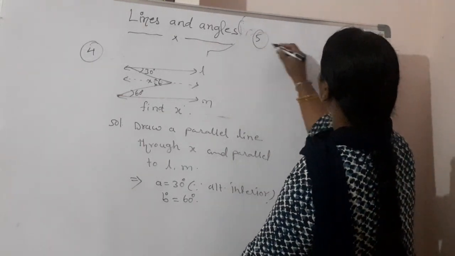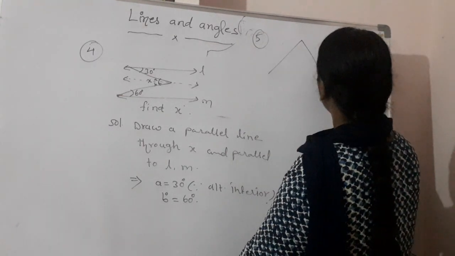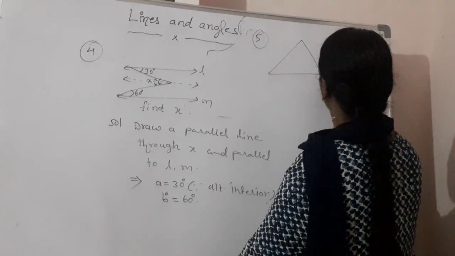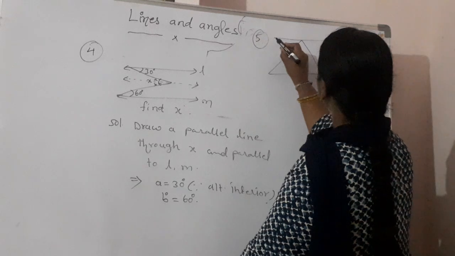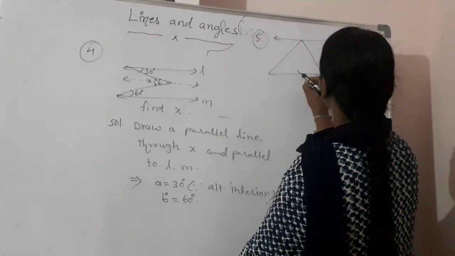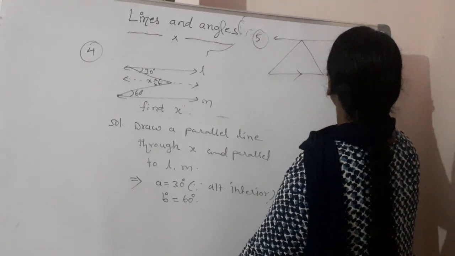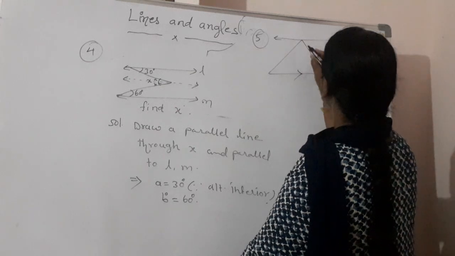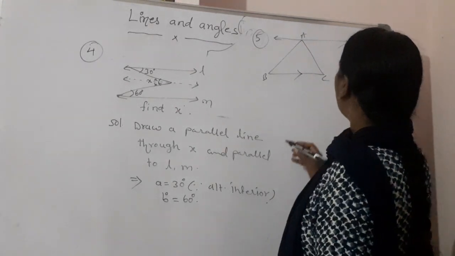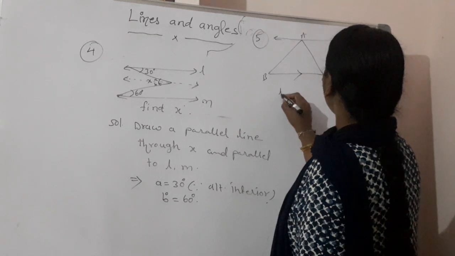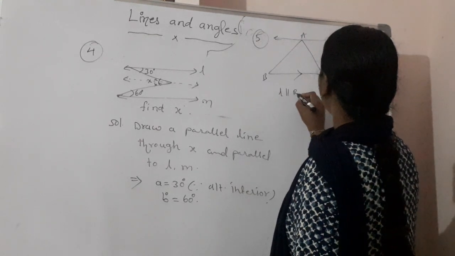Fifth model. Here let's take a parallel line. Take this any L, some L. This is A, B, C. And L is parallel to BC.